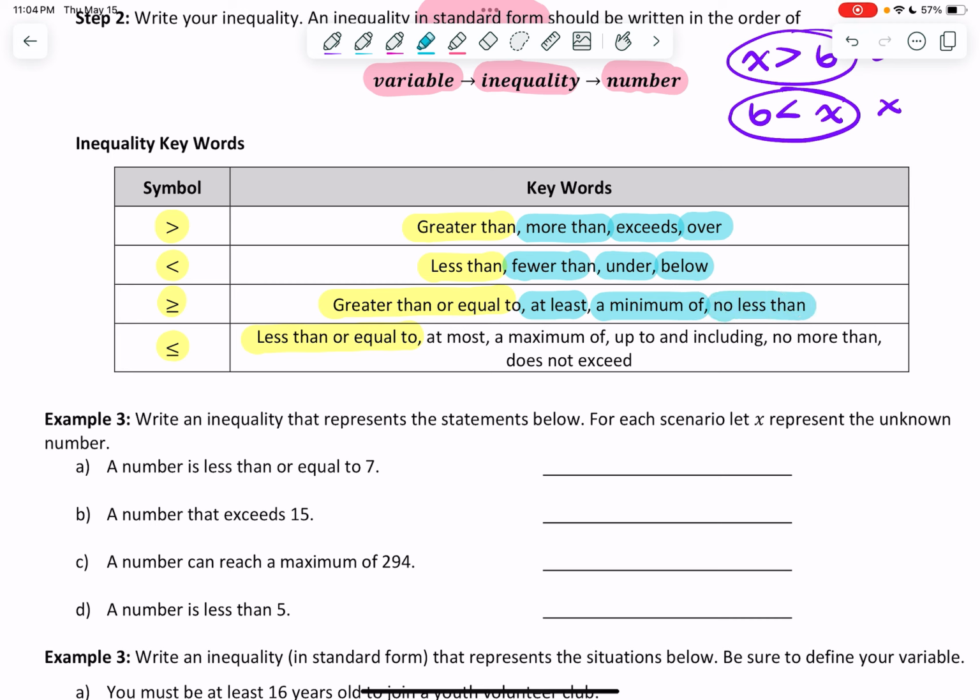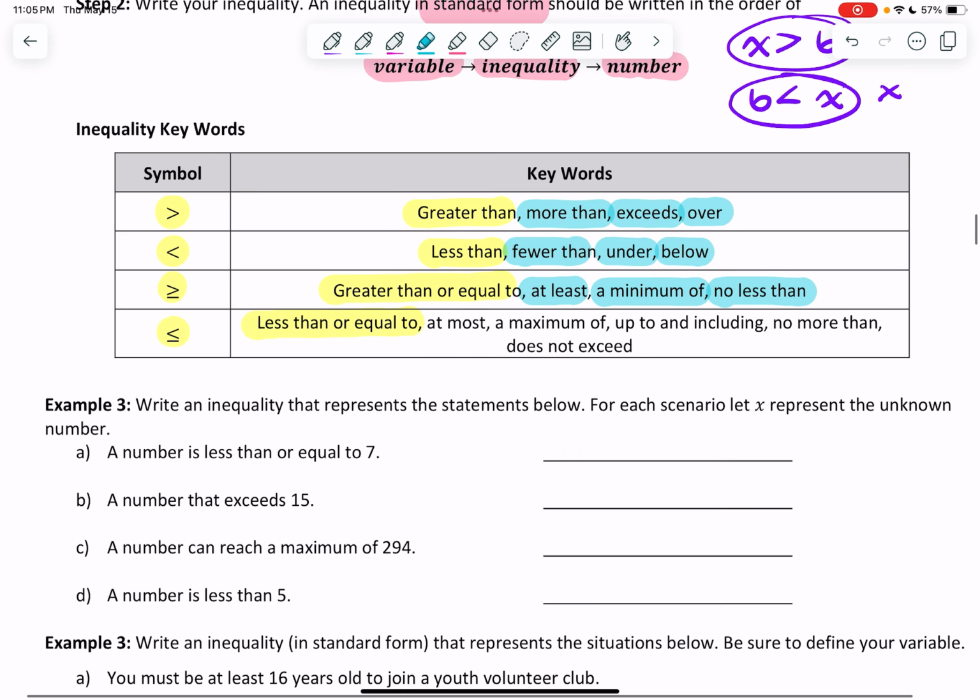No less than is one of those that sometimes people get confused by because they're like, less than, ooh, a symbol of less than. But when it says no less than, I'm literally doing the opposite symbol. Less than didn't have an or equal to portion to it, so no less than would. And then my last one, less than or equal to, I can say at most, a maximum of, up to and including, no more than, or does not exceed.